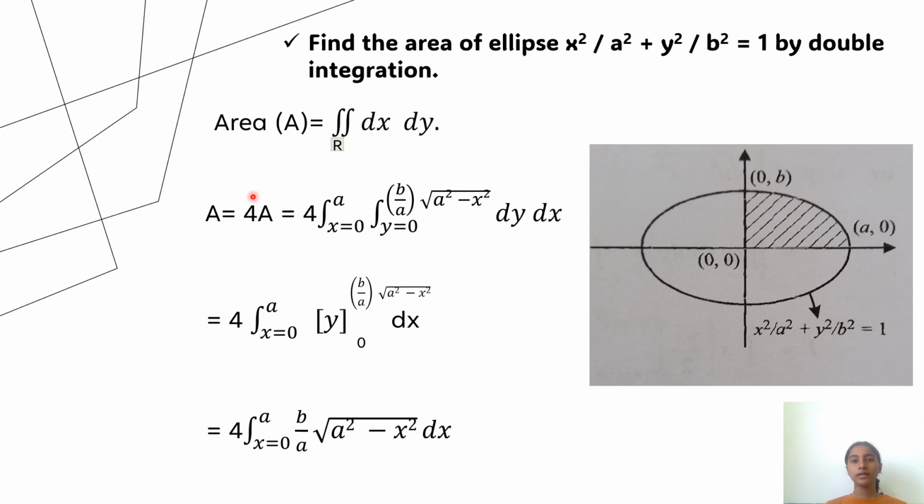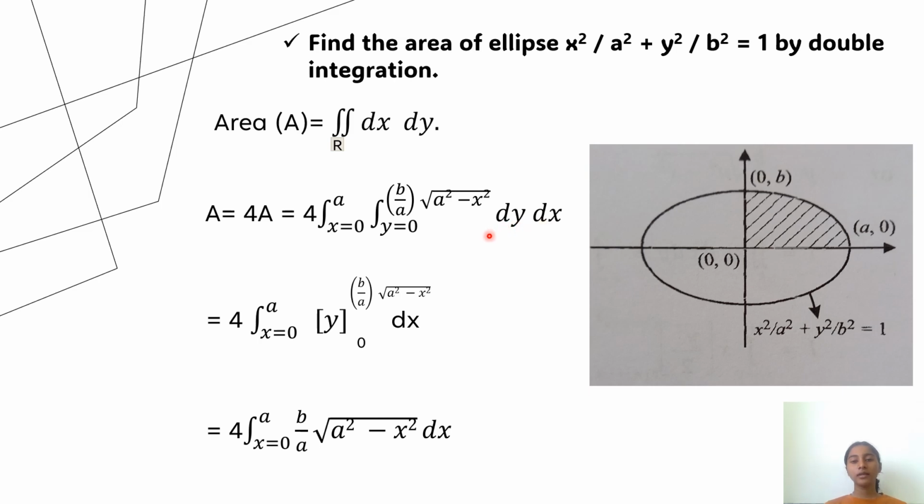So here we will consider A equals 4 times the integral because of an ellipse. Then we have to take the limits for y and x. So for y, the limits are 0 to b by a root a square minus x square, and for x, 0 to a. So first we have to integrate with respect to y and then with respect to x.